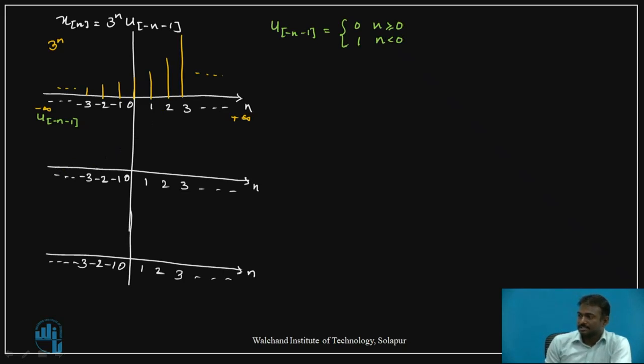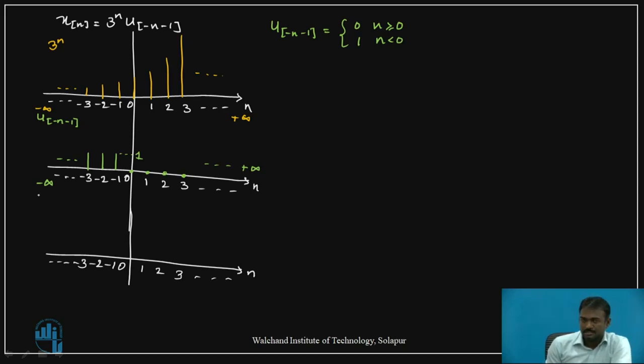So with respect to this definition, we will draw the graphical representation of u of minus n minus 1. So this exists from minus infinity to minus 1 here, whereas for n equal to 0 to plus infinity, the values of u of minus n minus 1 are equal to 0.